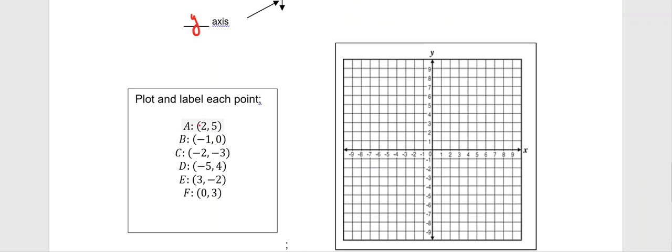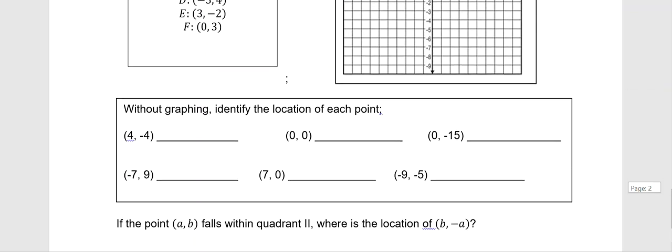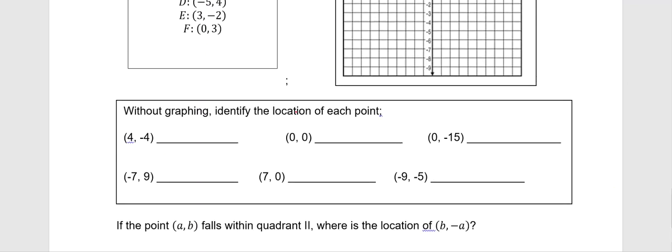Make sure you plot the points based on their ordered pairs, not forgetting that the first value is your x, the second value is your y, but then labeling as A, B, C, D, E, or F. And likewise, when you get here, without plotting, being able to identify what quadrant or axis, because sometimes a point is not falling in that empty space.